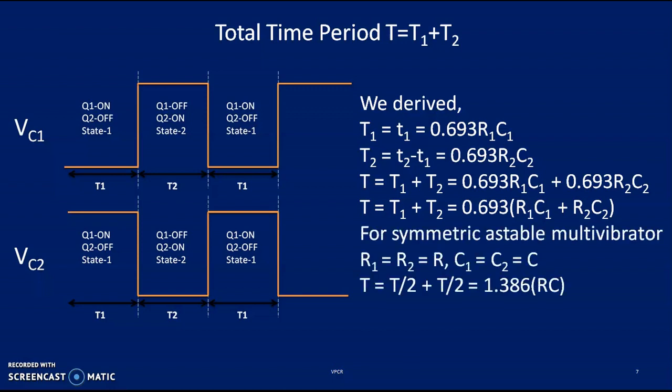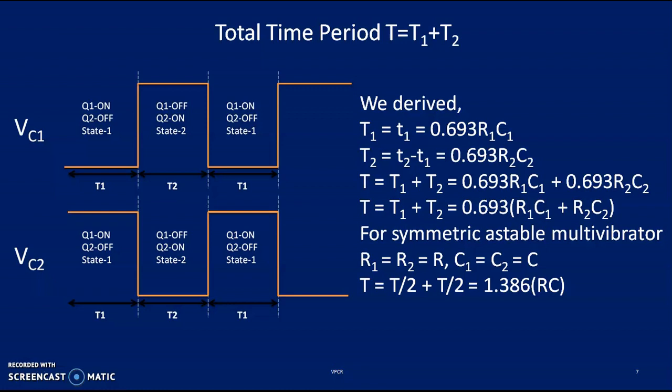We also saw that for a symmetric astable multivibrator, both capital T1 and T2, that means the state 1 and state 2 times, are the same. Both transistors will maintain the same time in saturation. So for a symmetric astable multivibrator, as we discussed, the circuit components in the two parts are equal.